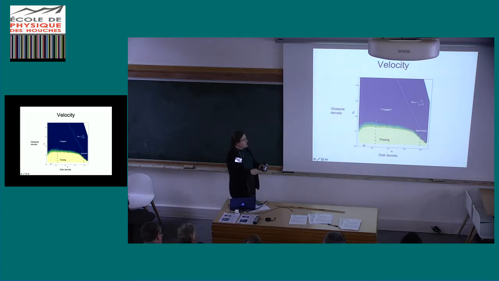Then we have this very large plateau where, for almost constant obstacle density, we can make this transition from the flowing to the clogged state. And this is extremely robust behavior. You can see this going from densities of around 0.7 all the way down to densities of 10%. At very low densities we actually get a different behavior because we're in the individual grain limit, no longer collective.